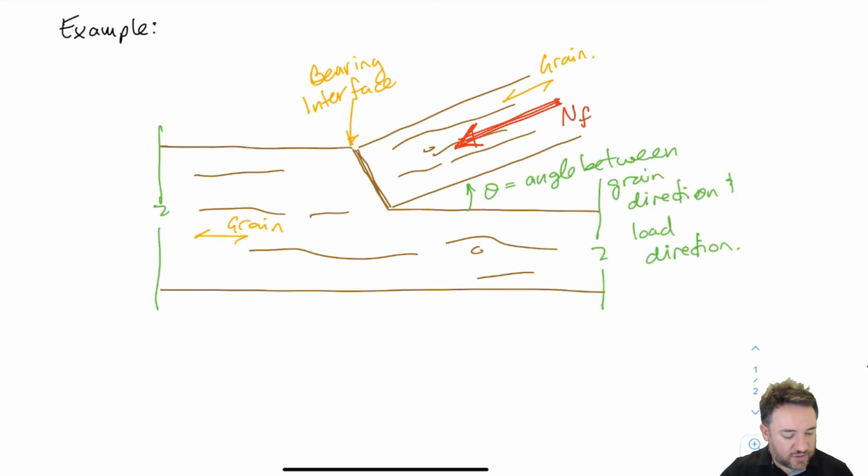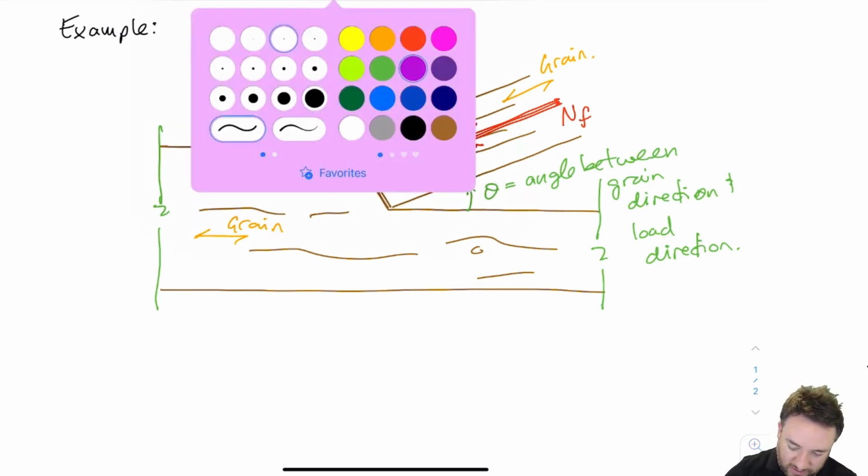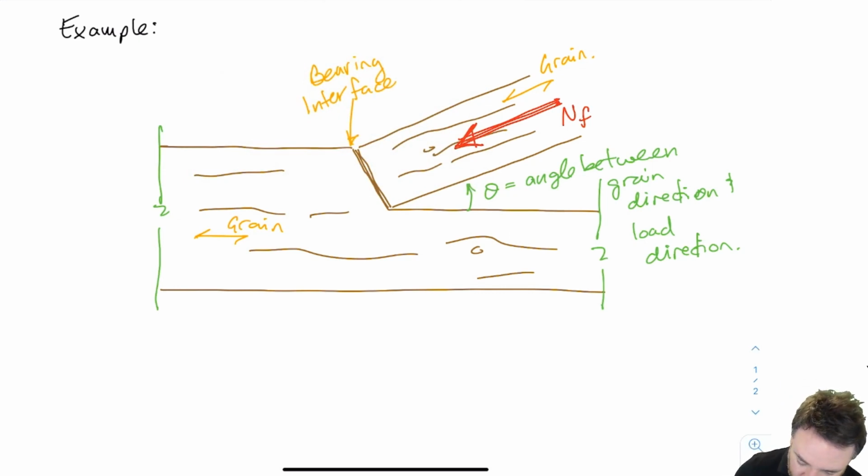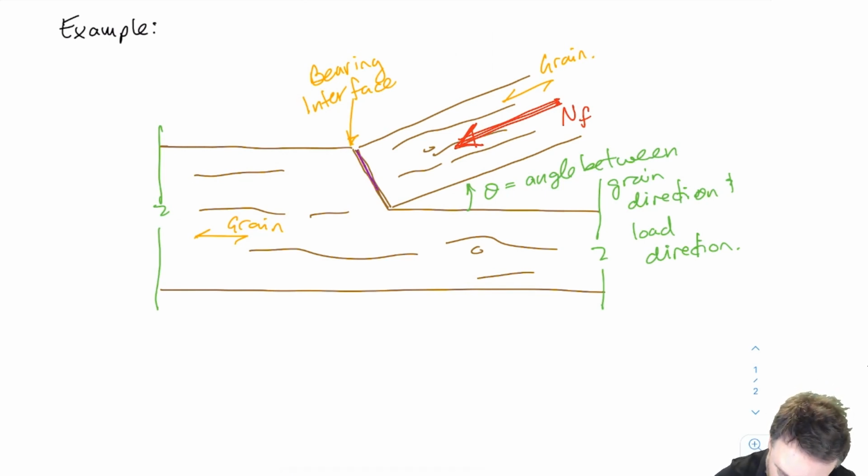Okay, so how do I do this? Basically, I'm going to find two different strengths: the strength of the bottom piece of wood parallel to grain, and the strength of the bottom piece of wood perpendicular to grain. I'm going to use two projected areas to calculate those strengths. So I'm going to split this bearing surface that's on an angle, which is in brown. Let me draw that in purple.